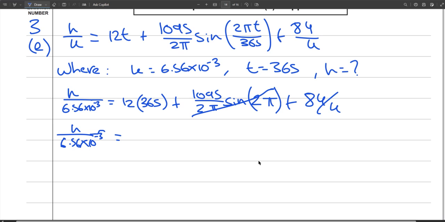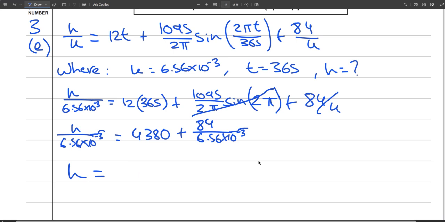So we get 4380 plus 84 on 6.56 times 10 to the minus 3. And so multiplying both sides by the growth constant k, I get h equals 6.5.